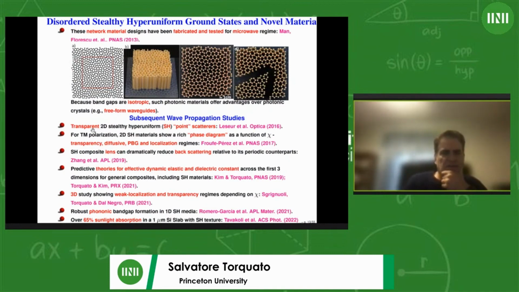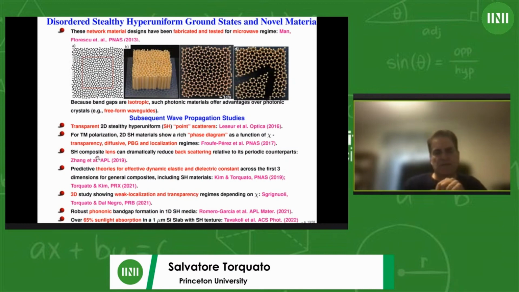So one of the interesting ones that followed up on this was work by the French group here, where they were looking at transparency in 2D stealthy disordered point scatterers, as it turns out. And then for TM polarization, the Sheffield group looked at the stealthy hyperuniform patterns, and they came up with a phase diagram as a function of chi, which showed transparency, diffusive PBG, and localization regimes.